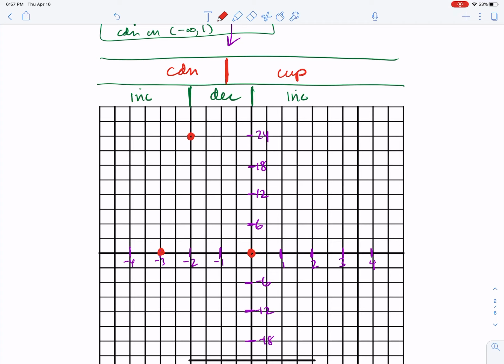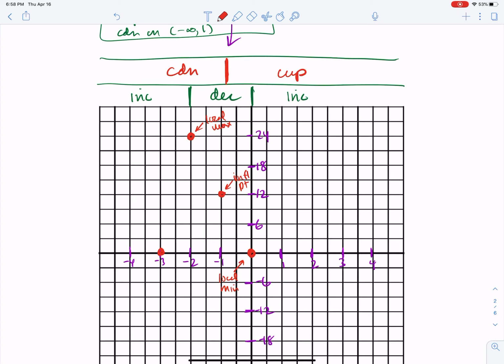And I've got a minimum right here, and then my inflection point was at negative 1, 12. So this is an inflection point. This is a local max. This is a local min.